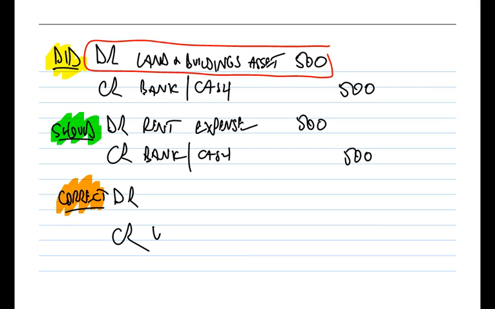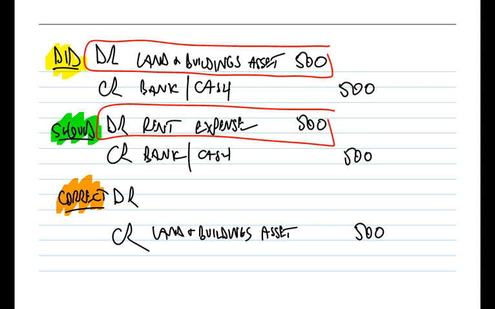Well, how do you eliminate a debit? Well, I'm going to credit the land and buildings asset account to get rid of that 500. That's not what we acquired. We didn't buy an asset, so we're going to cancel the debit we originally posted to the asset account. And what I actually want to recognise is the rent expense.